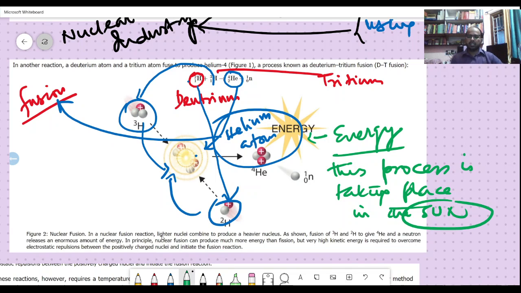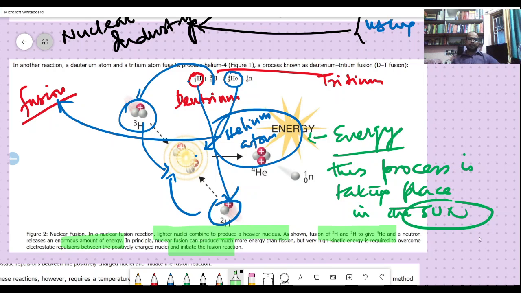Nuclear fusion reaction: lighter nuclei combine to produce a heavier nucleus, as shown. Fusion of tritium and deuterium gives helium and a neutron, and releases an enormous amount of energy. In principle, nuclear fusion can produce much more energy than fission, but very high kinetic energy is required to overcome the electrostatic repulsion. This is a very important thing you need to mention.